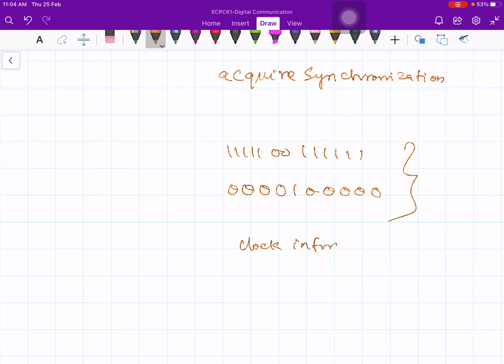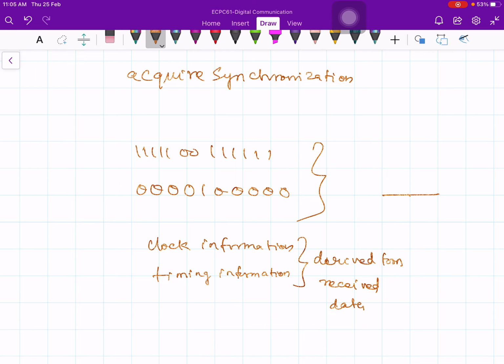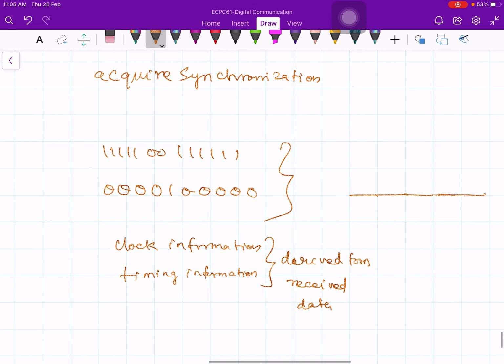In case the received data contains a long string of zeros, that means you don't transmit any voltage, 0 voltage, 0 voltage like this, then you will not be able to find out the timing information.